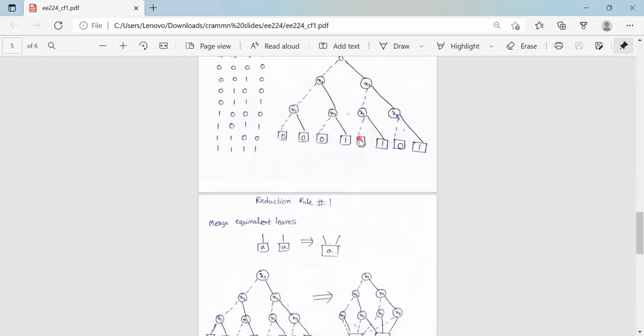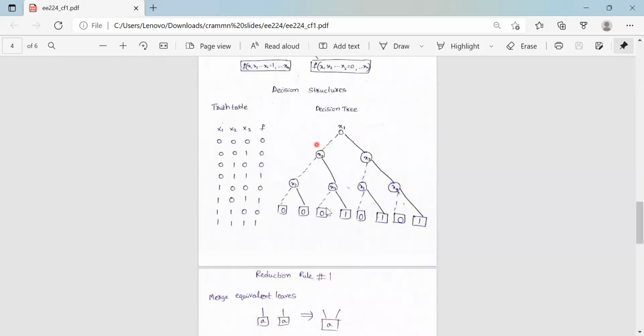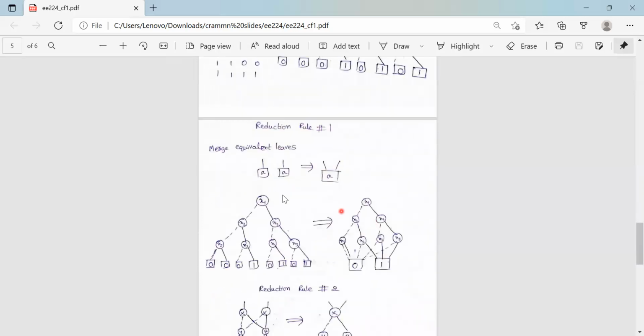We can reduce this tree to a compact form using the reduction rules. The first rule is that we can combine all equivalent leaves. Here the equivalent leaves are 0, 0, 0, 0, 0.